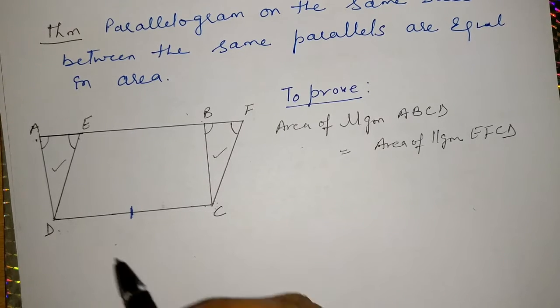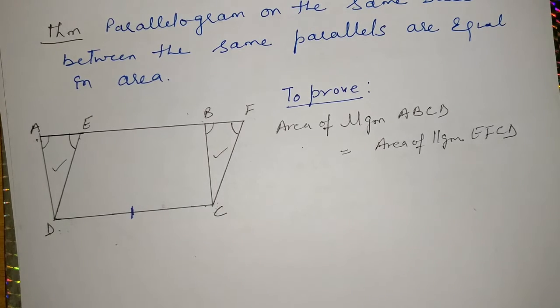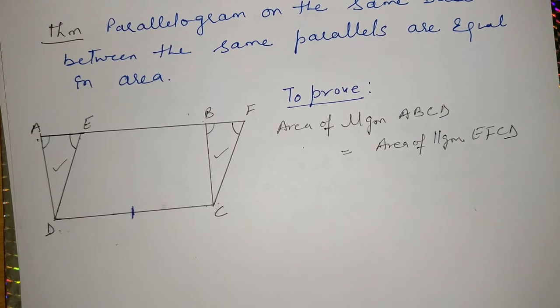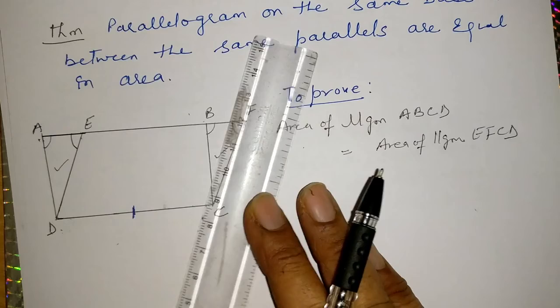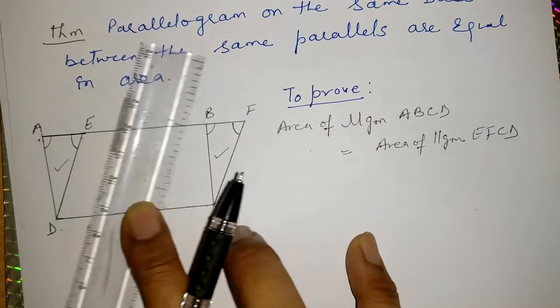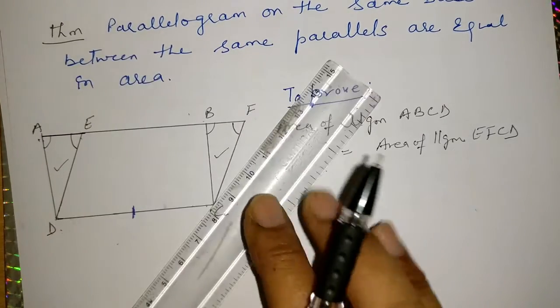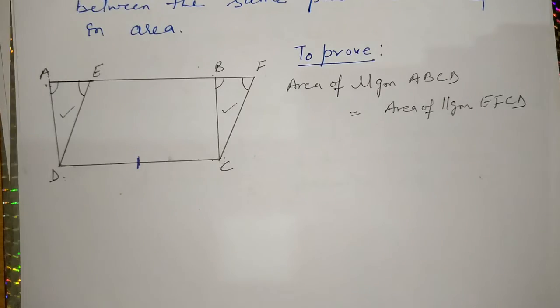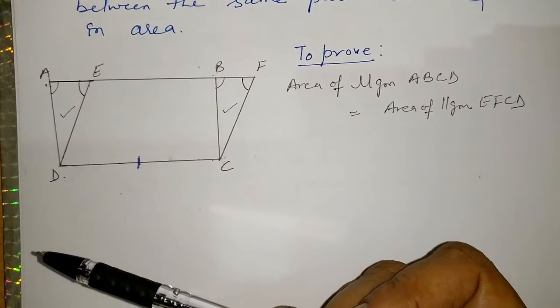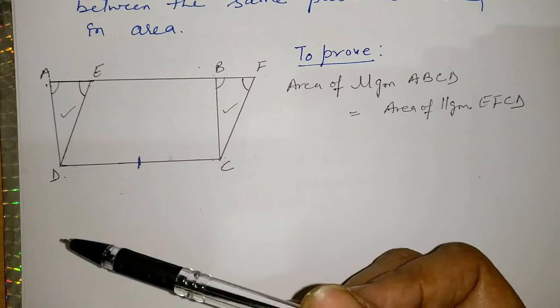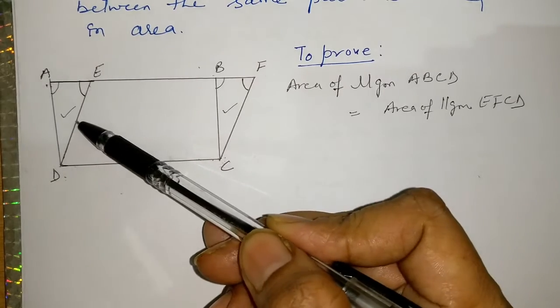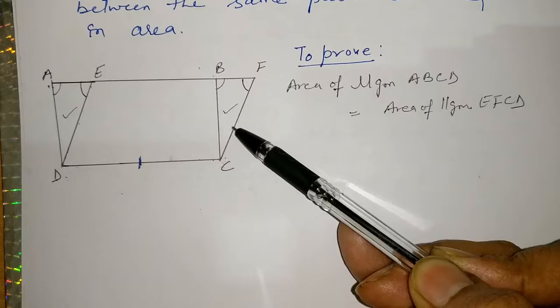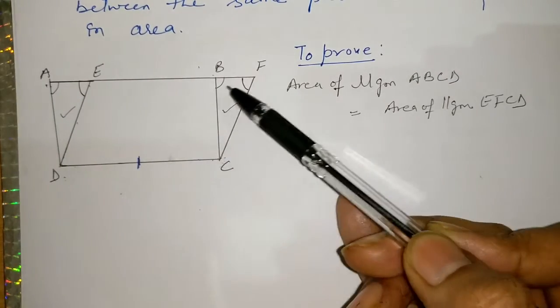Now if you see, children, this side is parallel to this and this is a transversal, so we can apply the laws of parallel lines. This side is parallel to this side, so this angle will be equal to this angle.